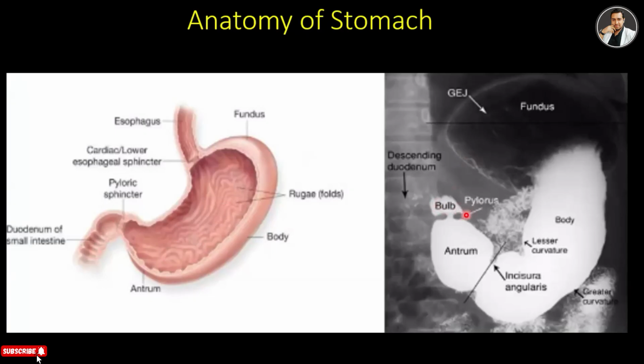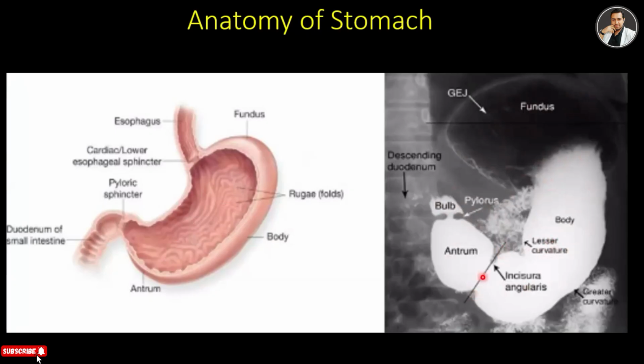And on the right side there is an image of the barium meal, and here you can see that the stomach is filled with positive contrast, and above there is the fundus of the stomach, and it's filled with gas, so it looks dark or black, and because of the contrast it looks bright.